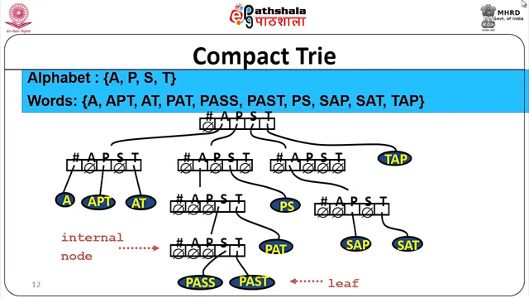So, if you look there, you have a hash sign and A, P, S, T. So, A goes there. Now, from A you can have just A, or you can have APT, or you can have AT. Then from P you can have PA and PS. PS itself is a word.